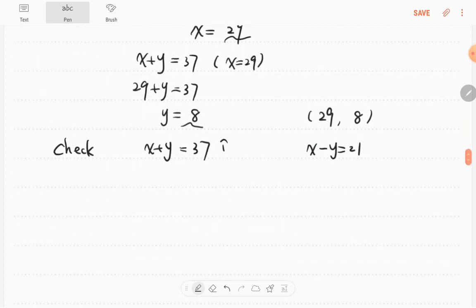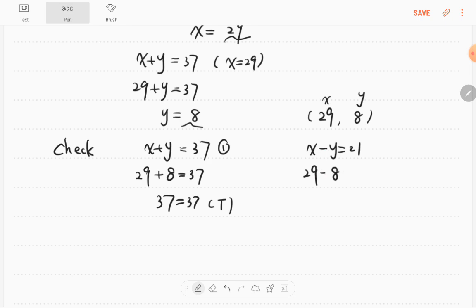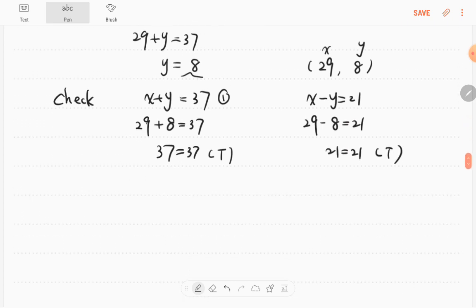Let's check the first one. 29 is our x and 8 will be our y. Left side is equal to right side. It's true. Let's check the second one. 29 is x, y is 8. Left side is equal to right side. So both equations remain true. We will conclude this is the solution.